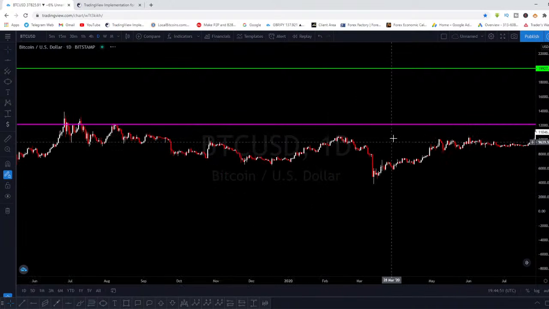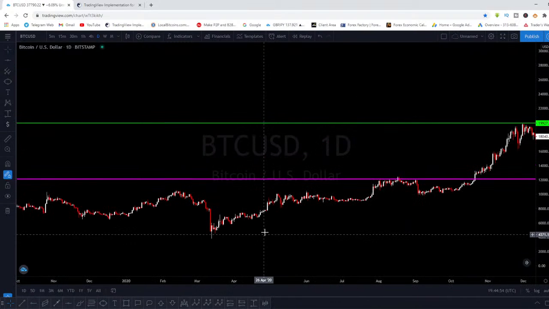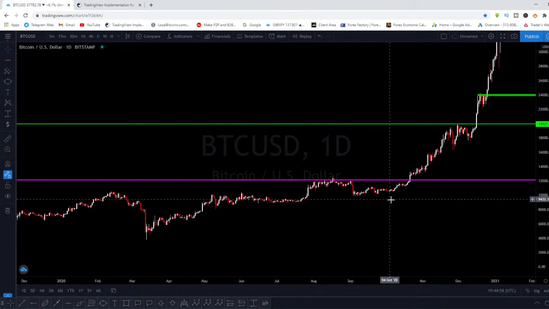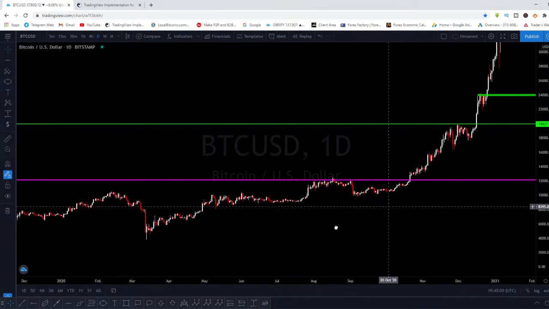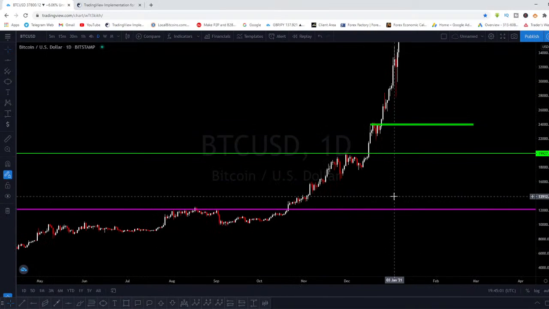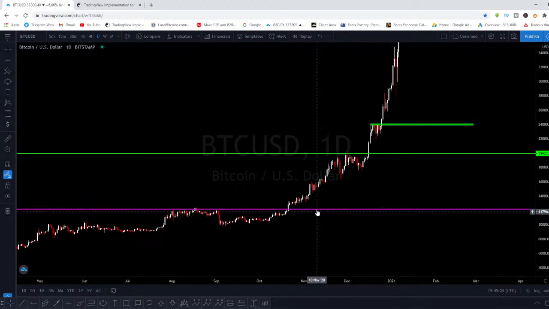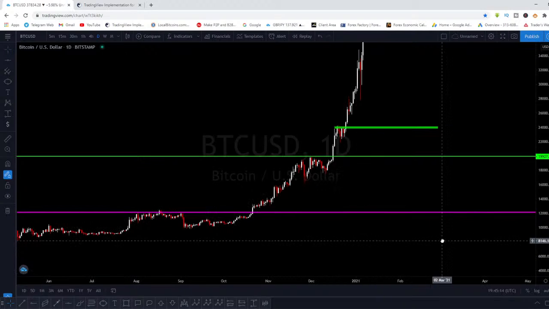Even if it is 12,000, I'm not interested in buying it. Maybe 10,000, but I'll be interested in buying BTC and holding it maybe when it comes to either the 4,000 or 6,000, anything in this range.